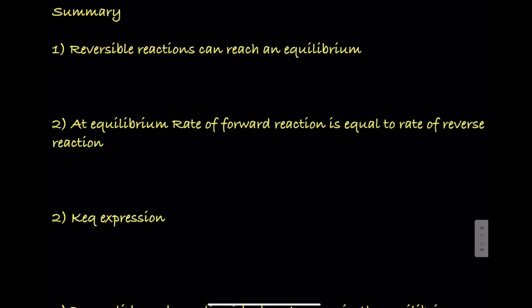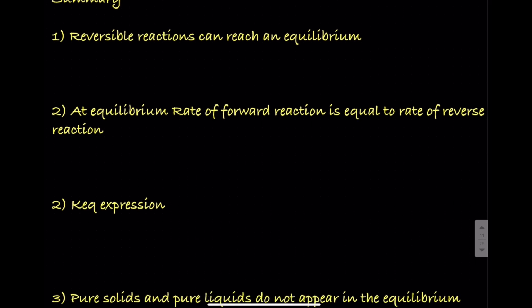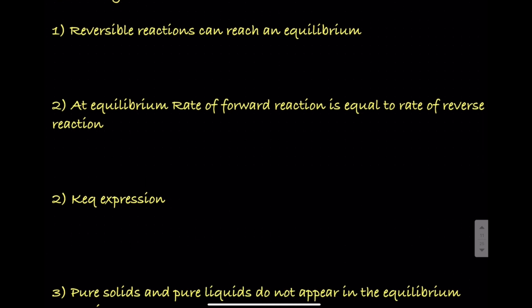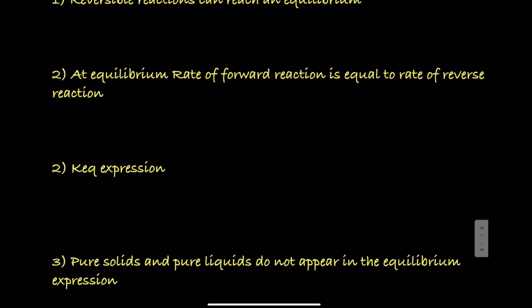So in summary, we can say that reversible reactions can reach equilibrium, and once they reach equilibrium, the rate of the forward reaction is equal to the rate of the reverse reaction, and the concentrations of products and reactants remain constant, which is why we can express the KEQ as the product of the product concentrations over the reactant concentrations.